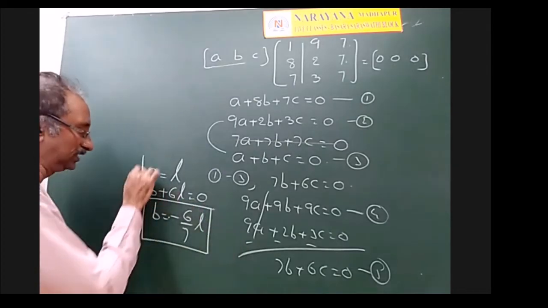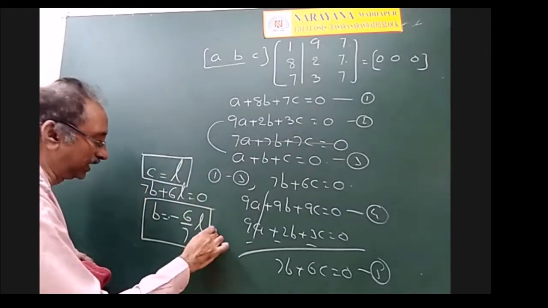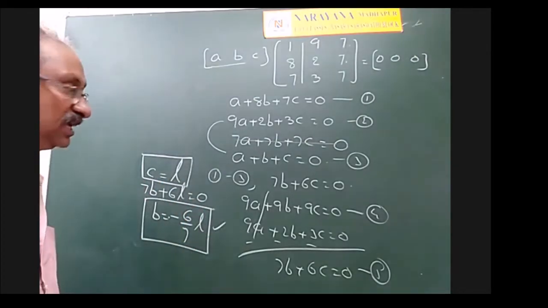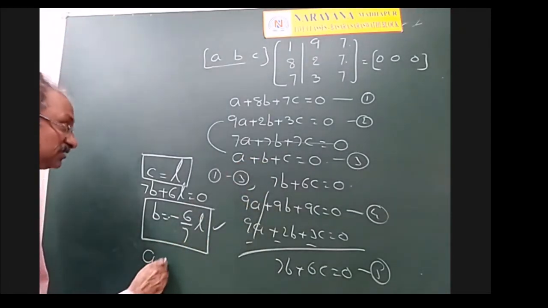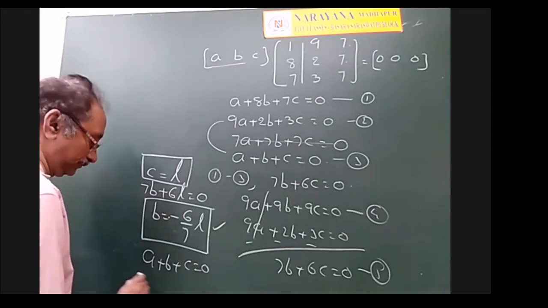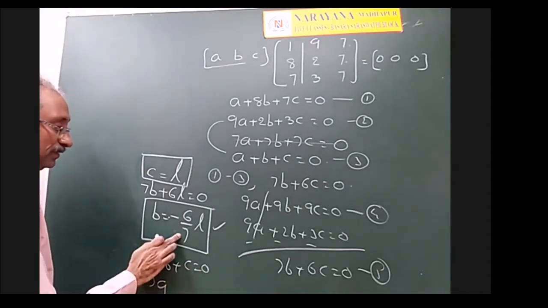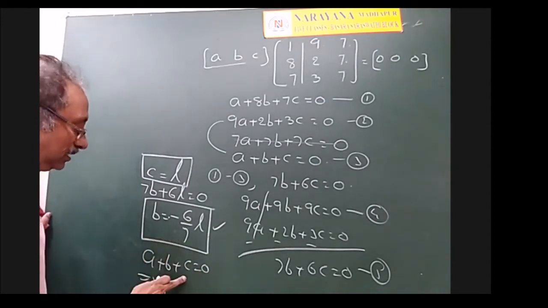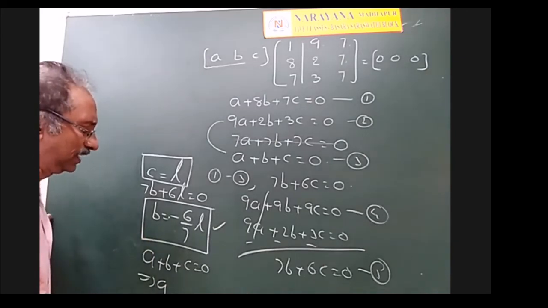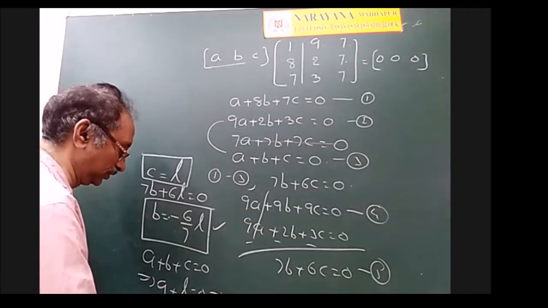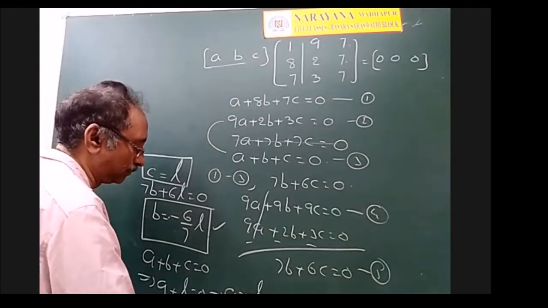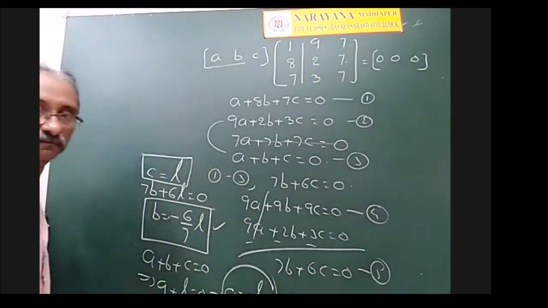So for each value of C, I am getting a value of B. Similarly, if I substitute the value here, A plus B plus C is equal to 0. So B means minus 6 by 7L, C means L, minus 6L by 7, that is L by 7. So A plus L by 7 is equal to 0, or A is equal to minus L by 7.